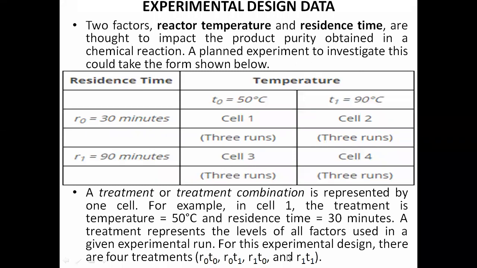For this experimental design, there are four treatments, that's the four conditions I told you. First is R0, T0. Second one is R0, T1. Third one is R1, T0, and fourth R1, T1. Four treatments. Okay, so did all of you understand this slide?